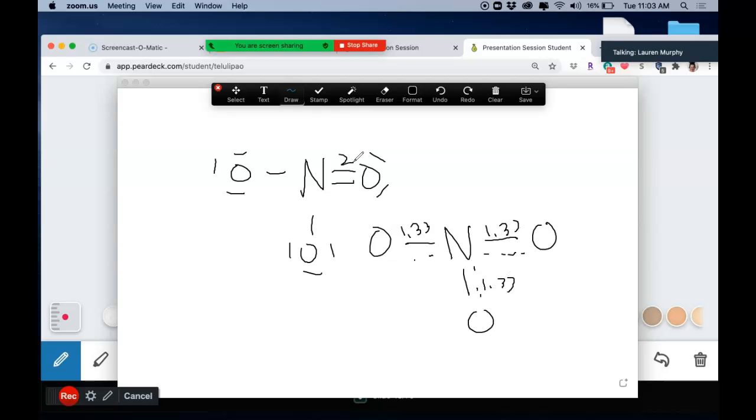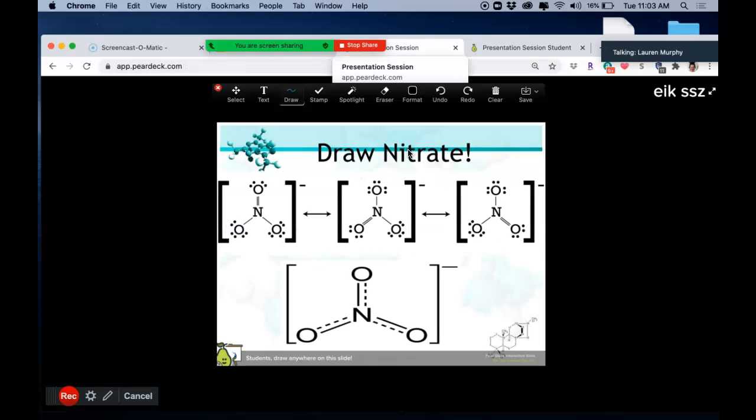They aren't bond order 2, 1, 1. This is not true. Now we draw it like this to represent it, but truly all of the distances between the nitrogen and oxygen atoms are identical. And that's called a bond order of 1.33.